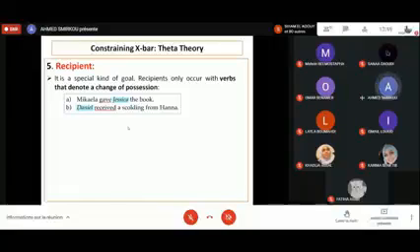It requires an indirect object, which must be recipient, and it requires the 3rd argument, direct object, which is a theme.